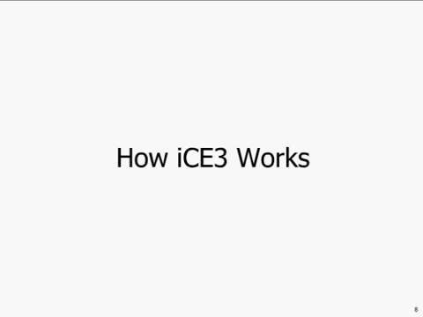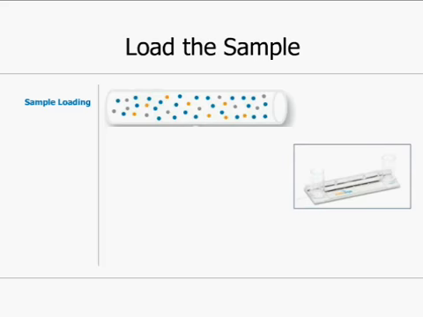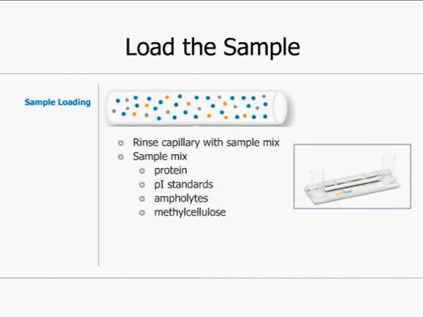Capillary isoelectric focusing, in my opinion, is the most powerful separation technique in all of CE. For those new to CIEF, this mode of separation has some distinctive features that are important to understand. The first step in any separation is sample introduction. In CIEF, the entire capillary is loaded with a sample solution containing pI standards, ampholyte, methylcellulose, and protein.